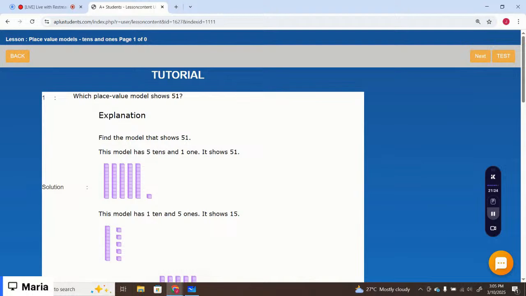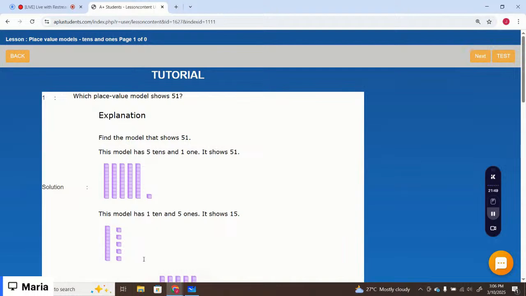Which place value model shows 51? You are given more than one model. You have to see which one shows 51. One, two, three, four, five.